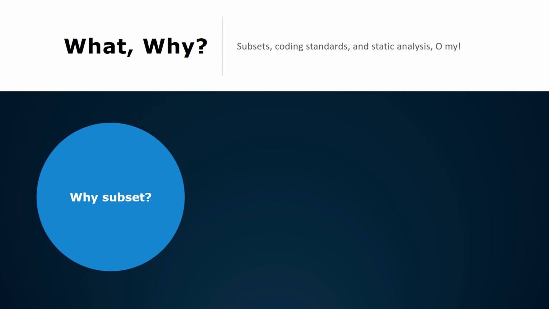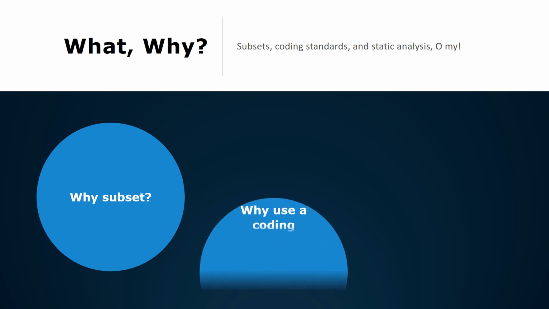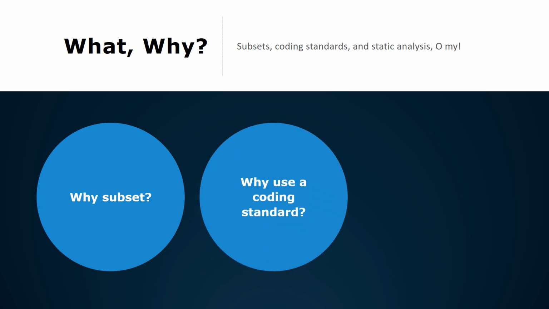In reality, subsetting the language is a coding standard. If anyone is not familiar with what coding standards are, they are the rules and guidelines that an organization or team has defined as things that developers should or shouldn't do. Some examples might be, thou shall use spaces, not tabs, or thou shall use meaningful variable names, or things like that.